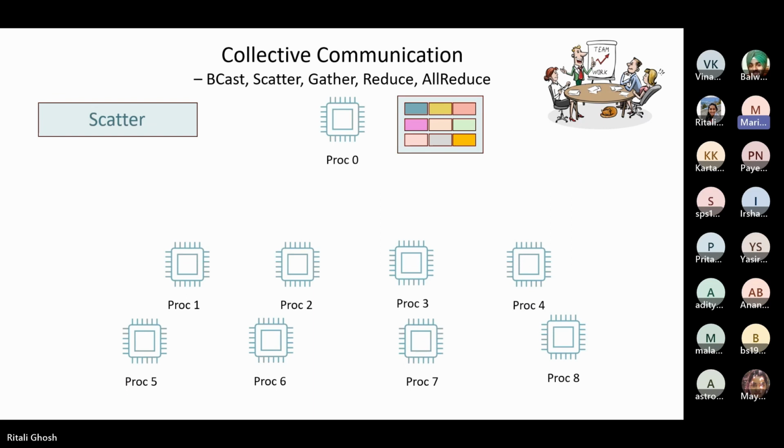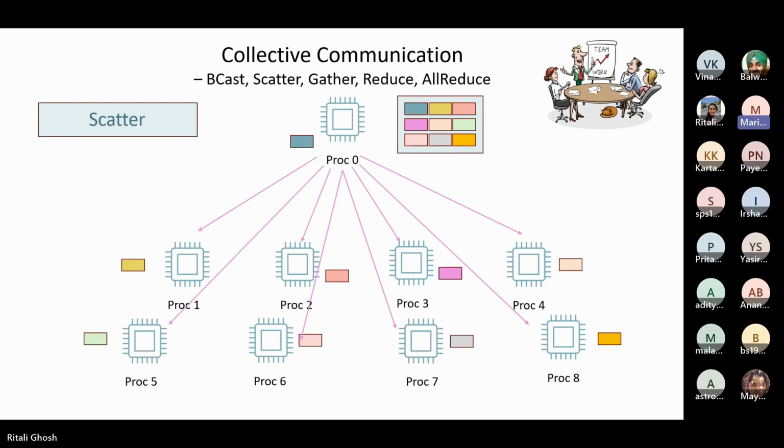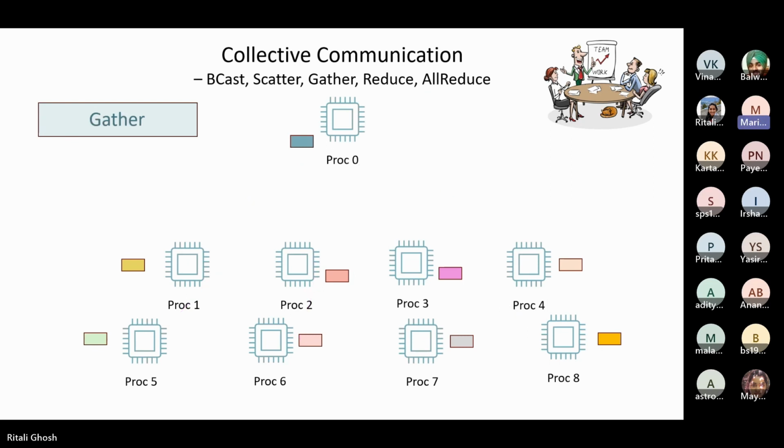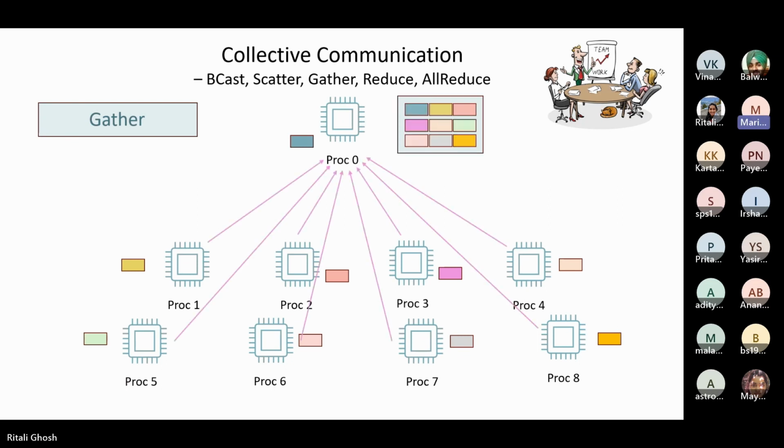You don't want to broadcast big chunks of data, but you want to spread smaller information to the other processors. So if processor 0 has a big array, it can divide it and distribute the small bits to them. They do some work, and when they've done the process, that can be sent back to processor 0 as a gather operation, where all of this is again combined into a bigger array, which can be more useful.